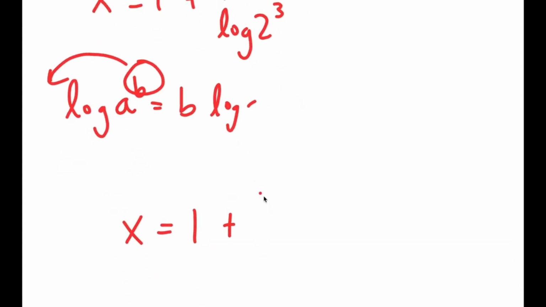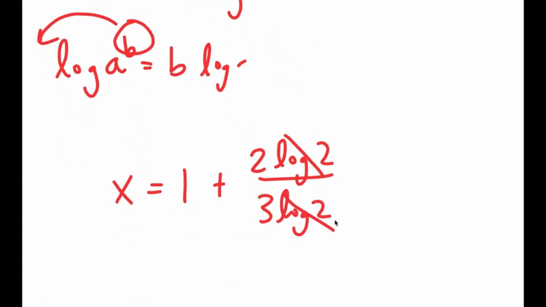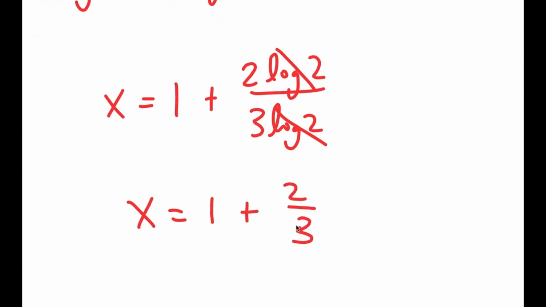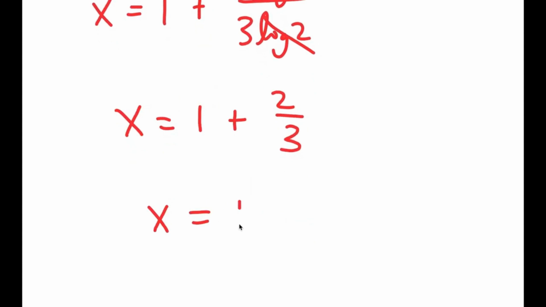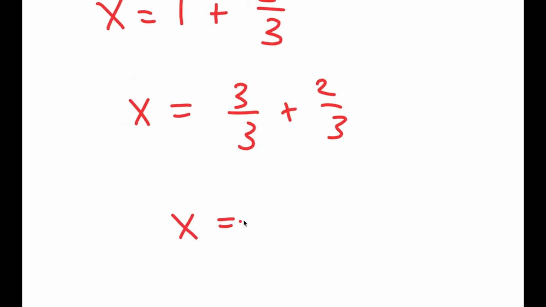So 2 times log 2 over the same thing with 3, so 3 times log 2. So now these two cancel out, and I get x is equal to 1 plus 2 over 3, which is equal to 1 is the same thing as 3 over 3, so 3 over 3 plus 2 over 3, which is 5 over 3. So x is 5 over 3.